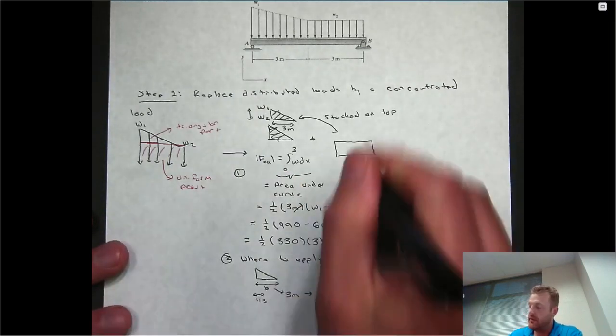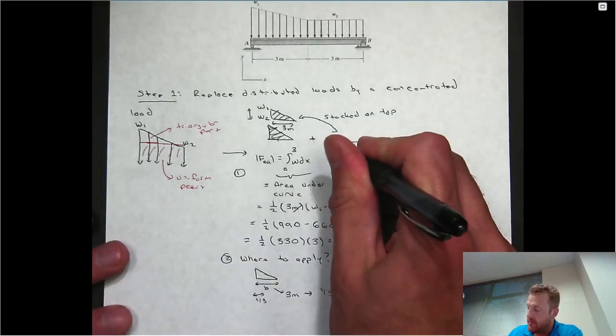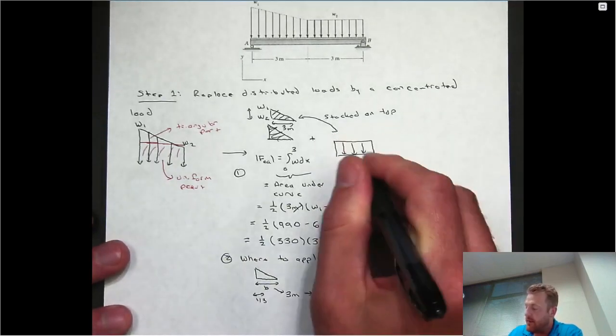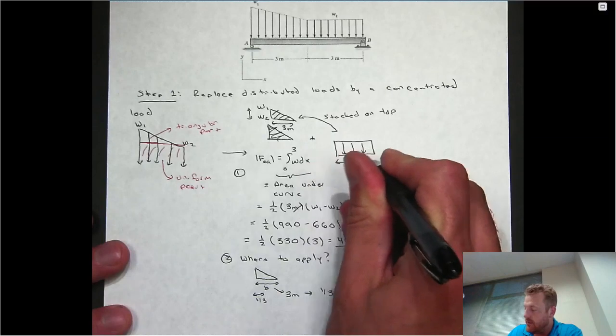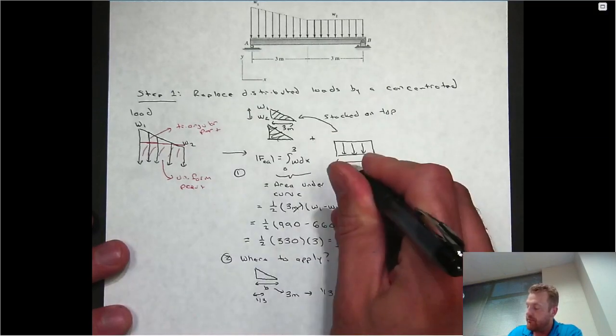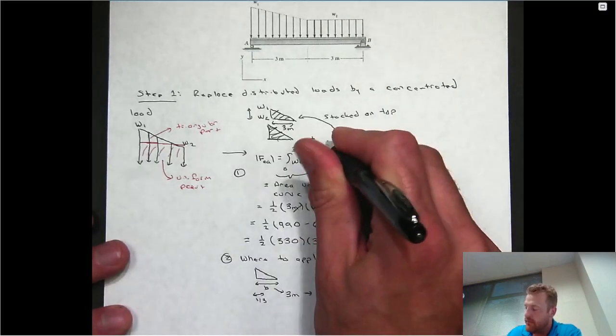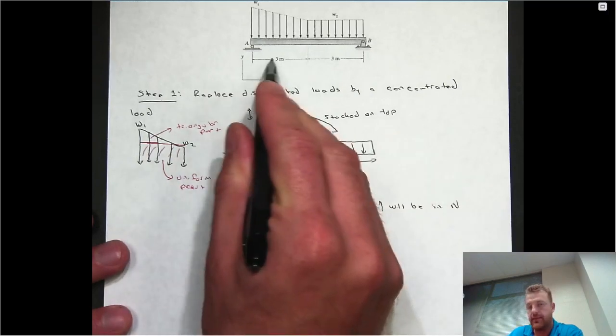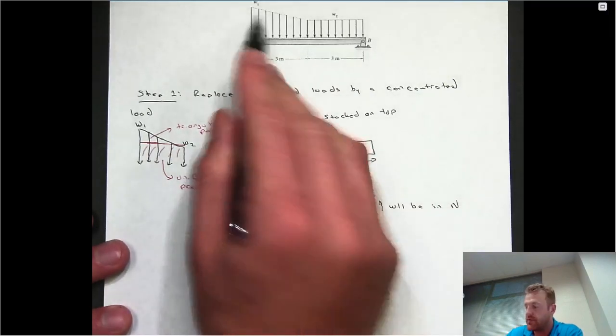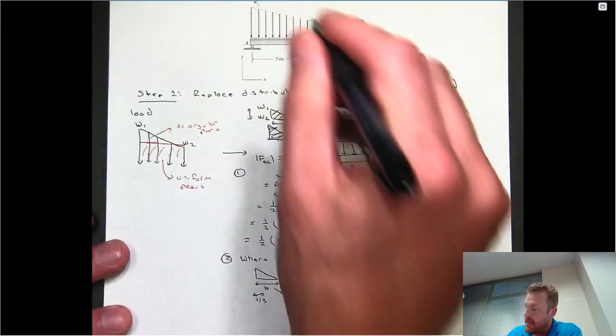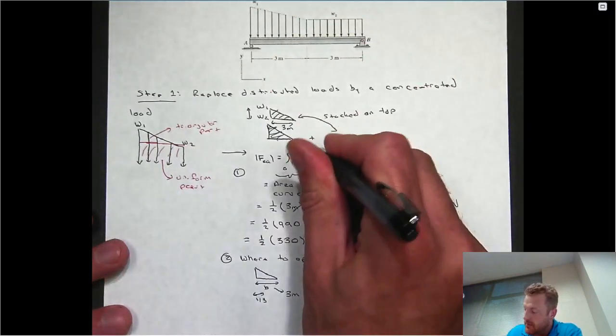So now we need to do the rectangular part, and it's going to be a little easier because the area of a rectangle is just the height times the width. The width is the 3 meters over which that rectangular portion of the load is distributed, and the height is just going to be W2.